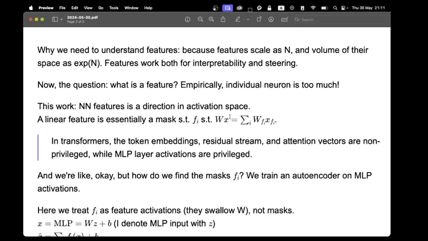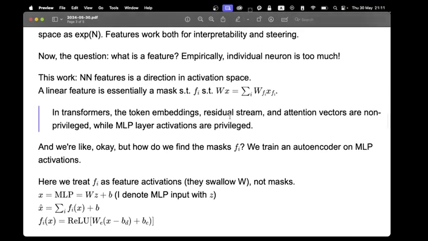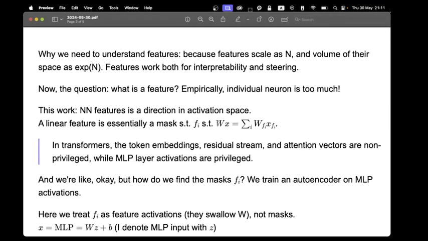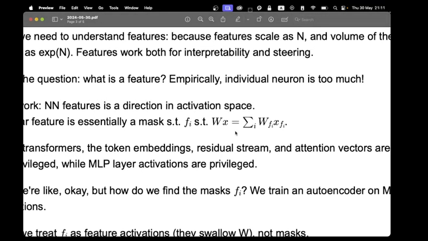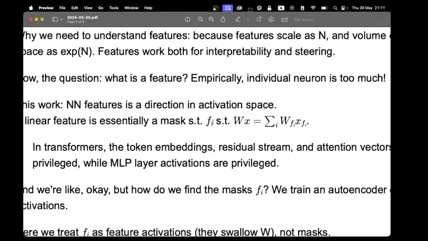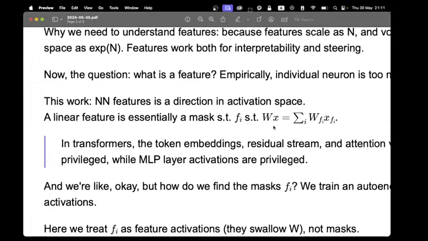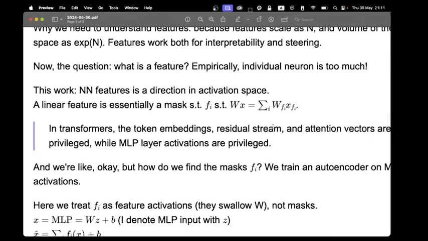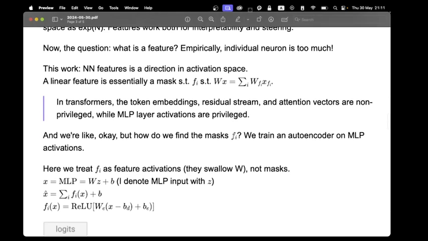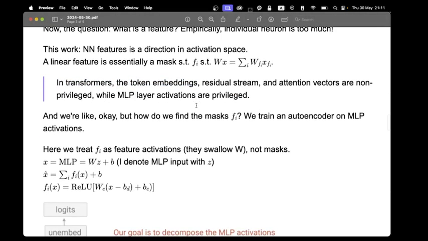What we do is we basically take the linear layer, which is wx, and we try to split it into chunks, which will be directions in activation space. So when we say a feature, we mean a mask which we apply to w and x, which gets us a part of the activation space. This is a technical thing which I think I'll skip now.